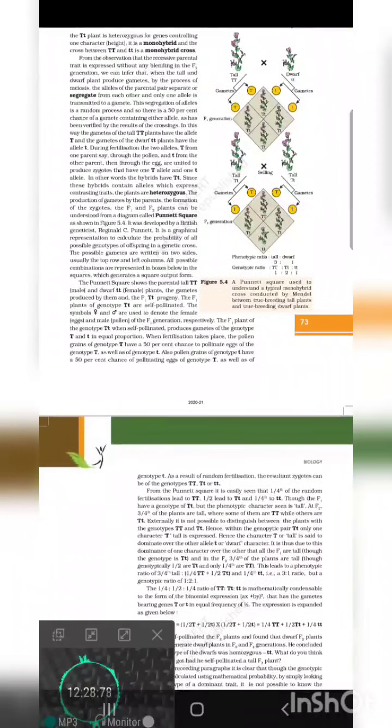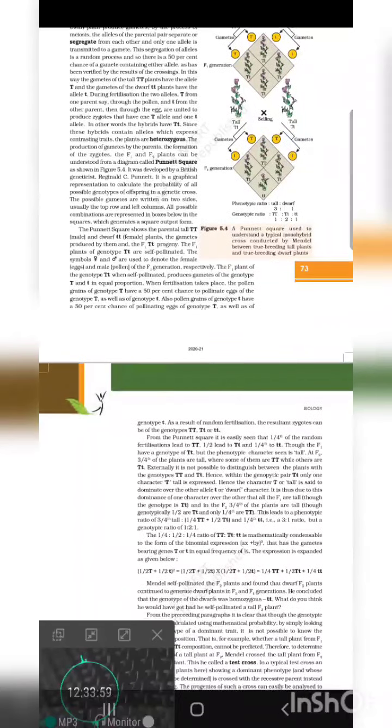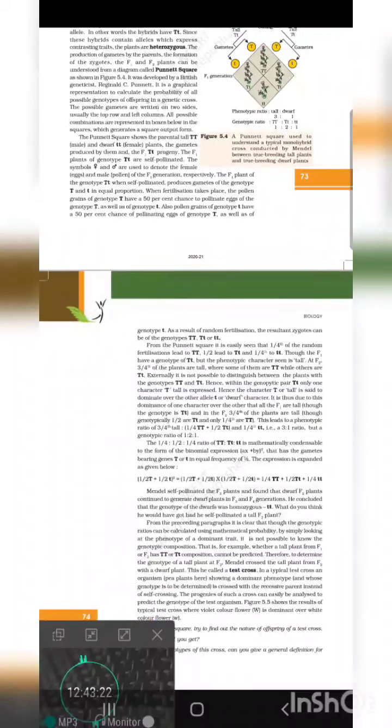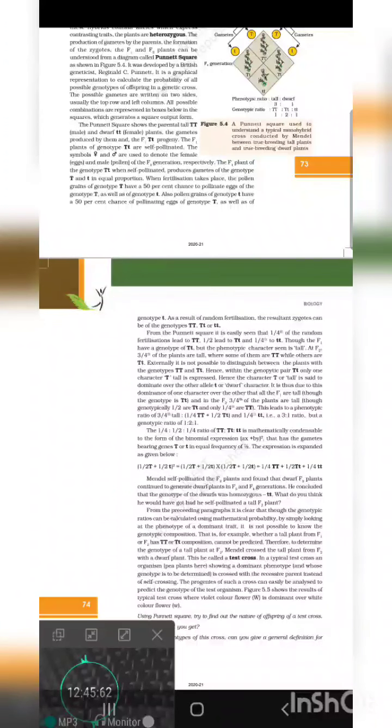When fertilization takes place, the pollen grains of genotype capital T have a 50% chance of pollinating eggs of the genotype capital T as well as the genotype small t. Also, pollen grains of genotype small t have a 50% chance of pollinating eggs of genotype capital T as well as of genotype small t. As a result of the random fertilization, the resultant zygote can be of the genotype capital T capital T, capital T small t, or small t small t.